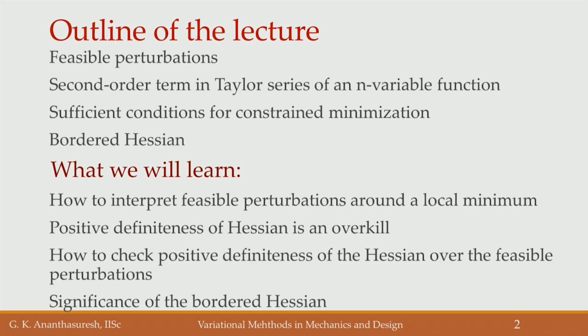Then we talk about this Hessian's positive definiteness being more than what is required, like it is an overkill. That is where this bordered Hessian concept comes, and we will understand its significance. And we will also learn how to check if a given minimum for a constrained optimization satisfies sufficient conditions or not. We will get a technique to verify that.